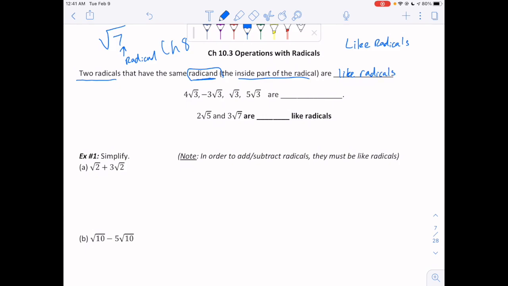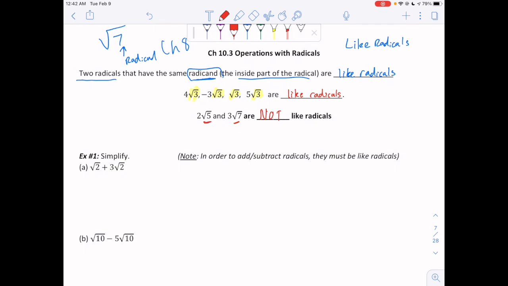So for example, look at all these here. 4 radical 3, negative 3 radical 3, radical 3, 5 radical 3 are all like radicals, okay? 2 radical 5 and 3 radical 7 are not like radicals, okay?